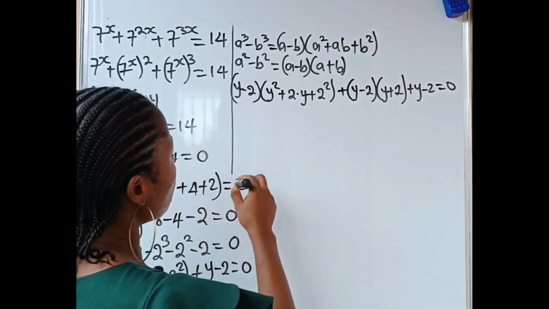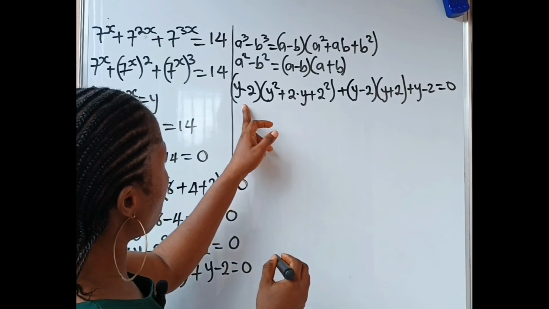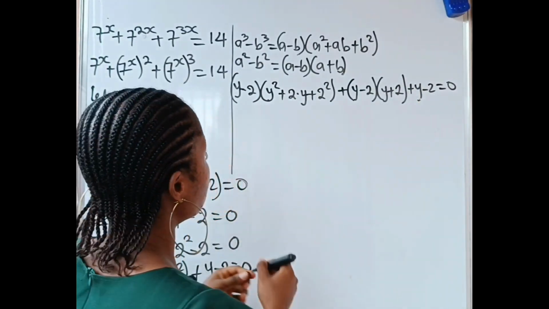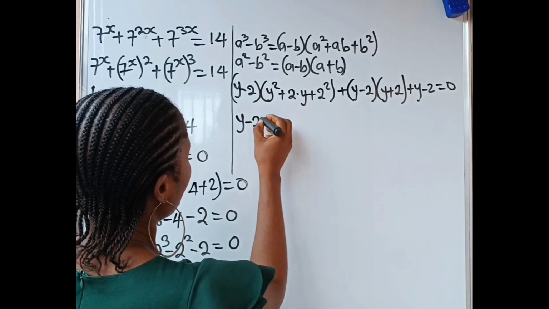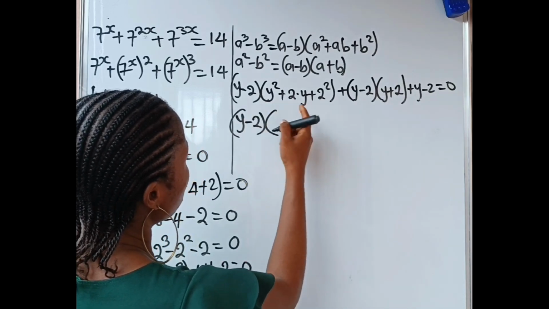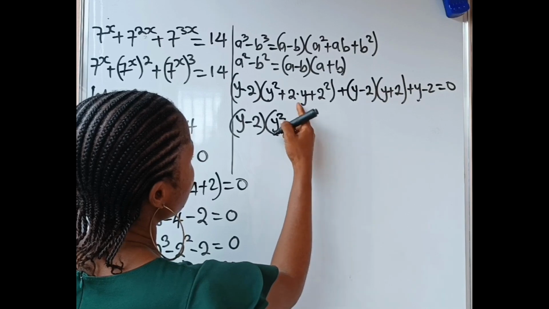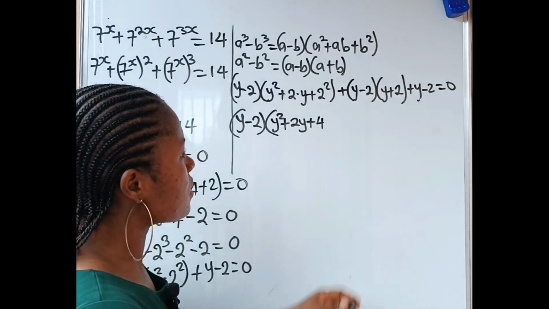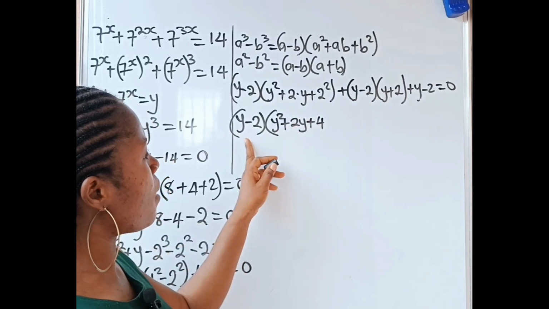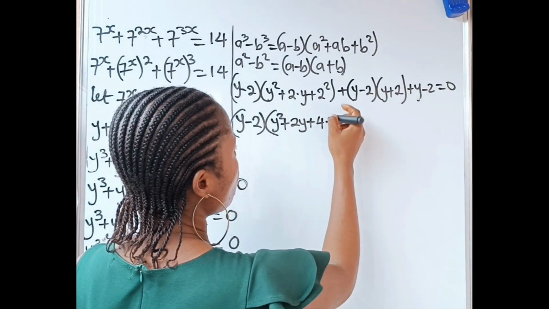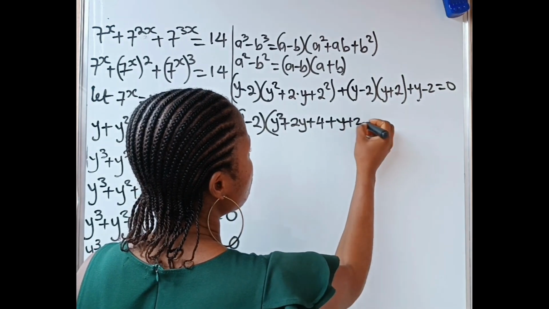When you look at this, you see that we have y minus 2, y minus 2, y minus 2, so we can factorize that out. So we have y minus 2, and when the whole of this is divided by this, y squared plus 2y plus 4 will remain. Now when this is divided by this, we cancel and we have plus y plus 2.